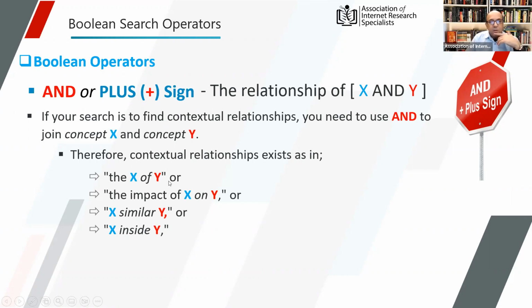One is that X of Y is a relationship, meaning a body of what exists inside of Y or anything that is part of Y. As an example, the impact of X on Y, the similarity of X with Y, or X inside of Y, which is the opposite of saying that X could be part of Y, similar to Y, or have an impact or relationship on Y, and so on.